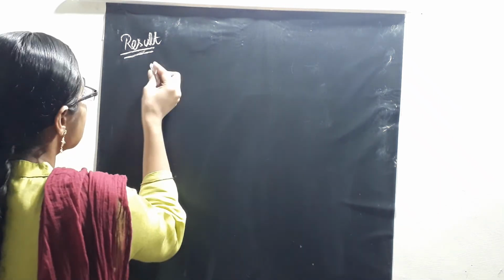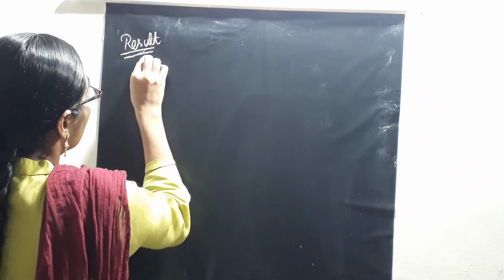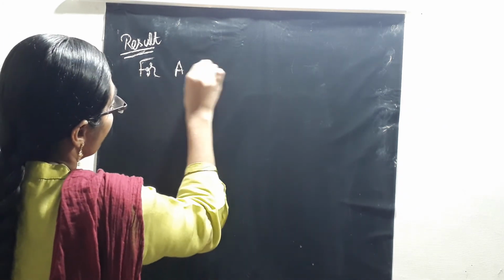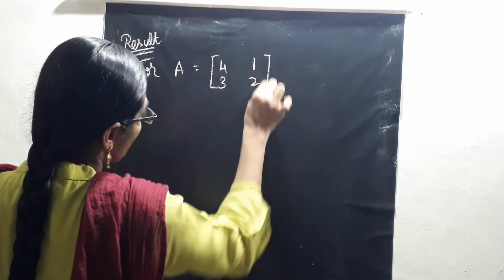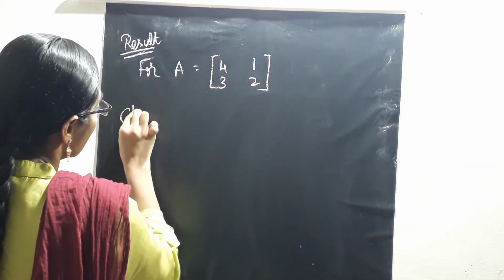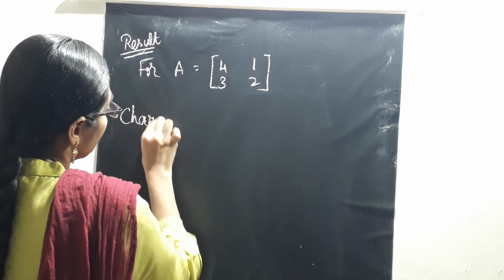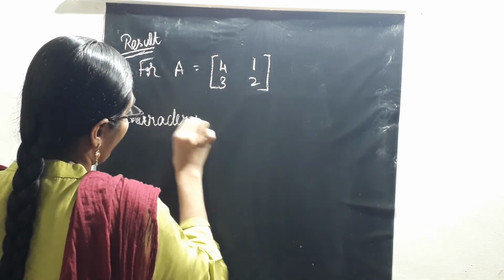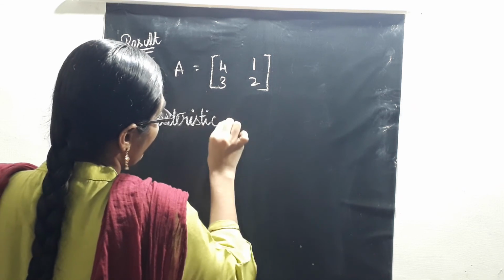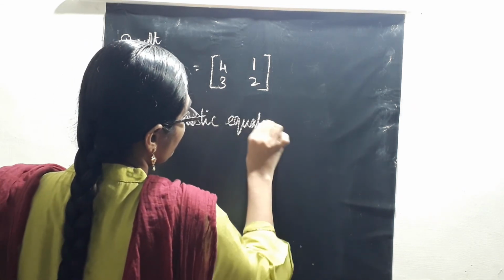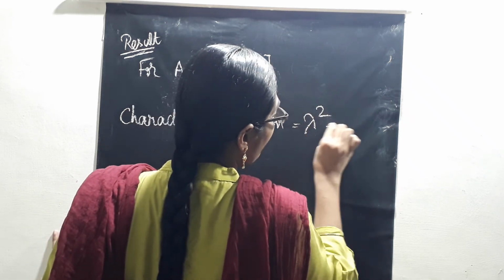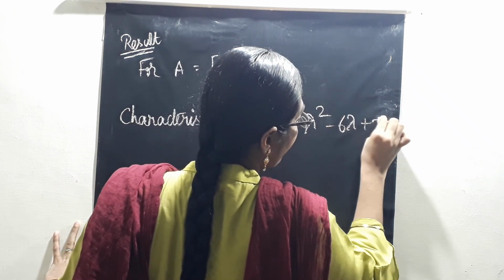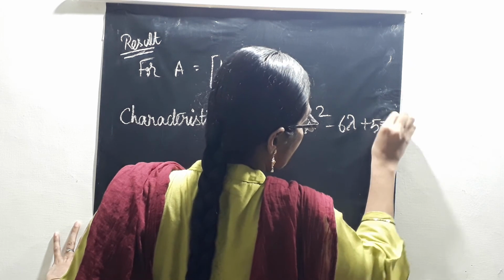So we can write the answer as, for the given matrix A equal to 4, 1, 3, 2, the characteristic equation is lambda square minus 6 lambda plus 5 is equal to 0.